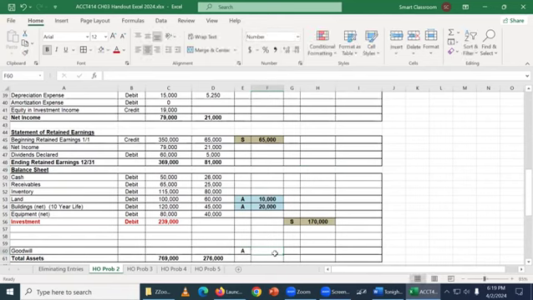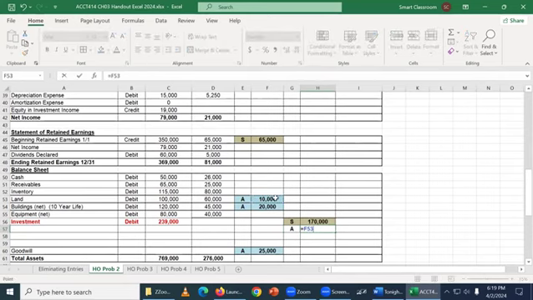Yep. And that was 25,000, I think. Okay, so this will be our assets. That is not right. 55. Yeah, I think I grabbed it wrong. There we go. Thank you.